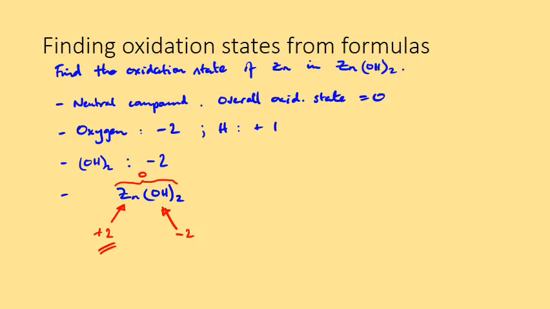Now, a slightly quicker way of doing that would be to remember that hydroxide is a -1 ion. So the hydroxide ion, you'll have seen written like that many times, has an oxidation state of -1. And if you had 2 of them, then it would be -2, obviously.